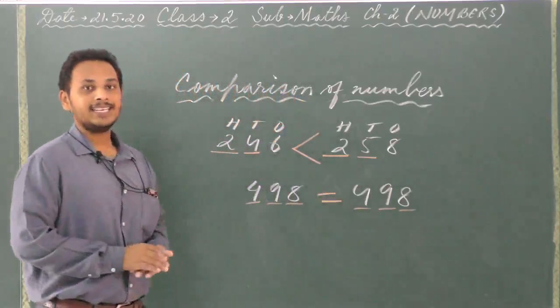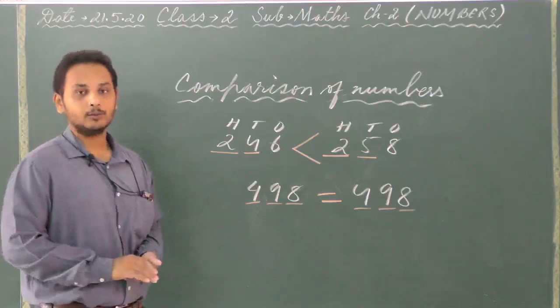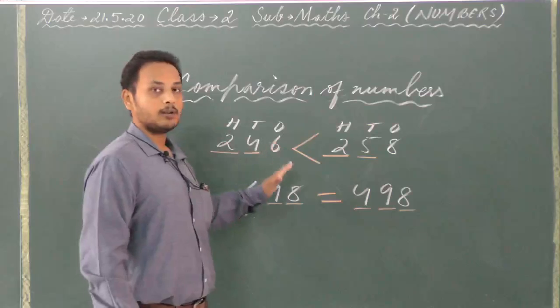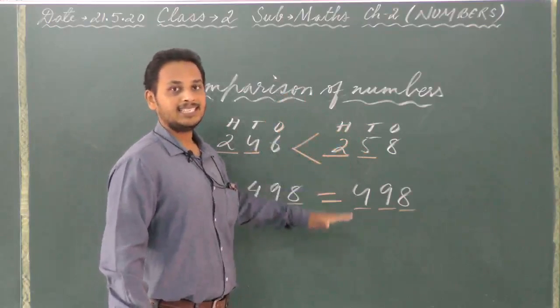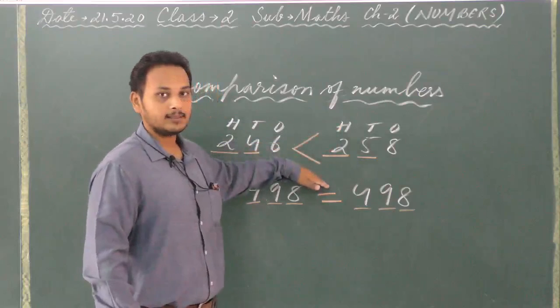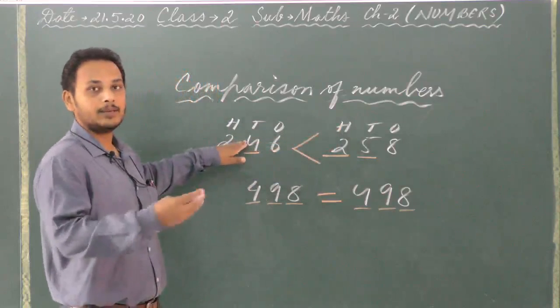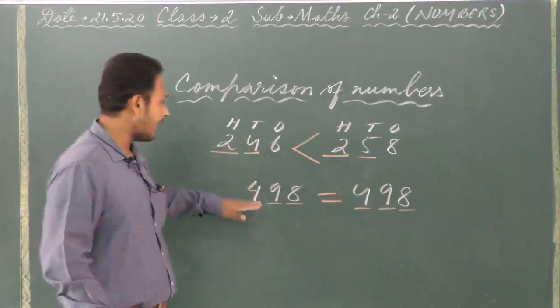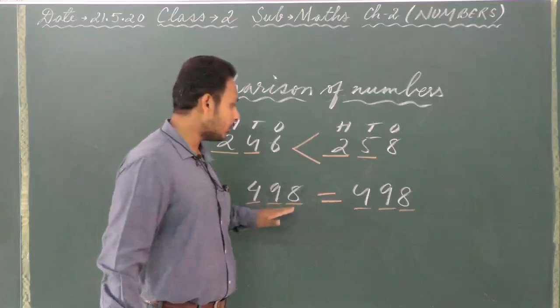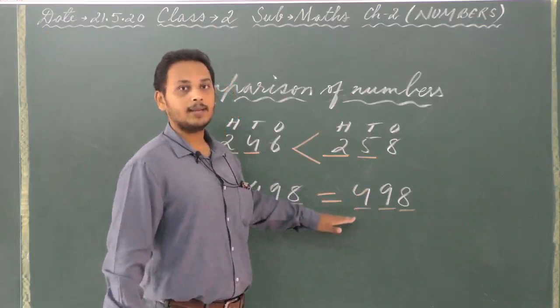It is called equal to. So this is how we learn smaller than, greater than, equal to. The number which is greater, you will put a symbol like this, so automatically the other number becomes small. And then we have a symbol which is called equal to. When two given numbers are equal, you put a symbol like this.